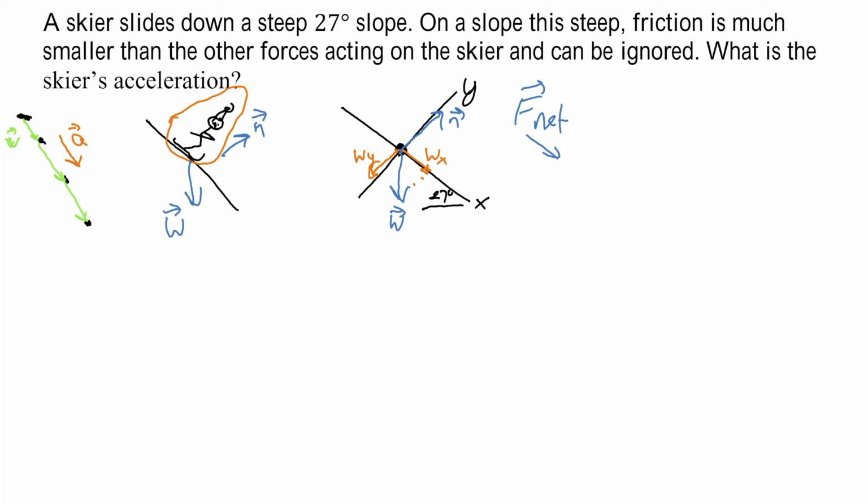Now the question is, where is the 27-degree angle on the skier? Is it between the WX and the W, or is it the WY and the W? That's the WX and the W. Yeah, that's right.